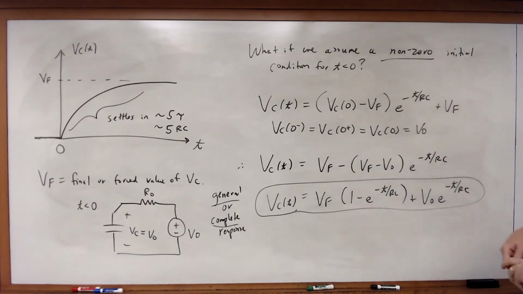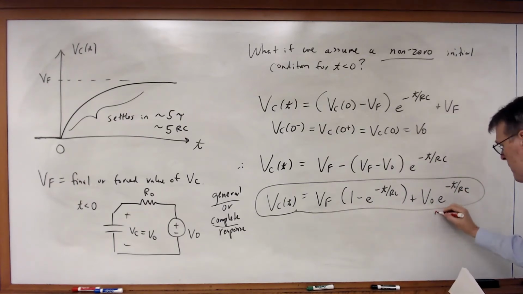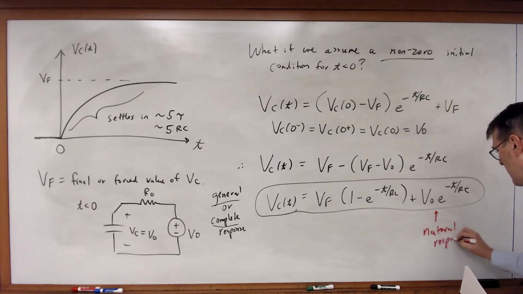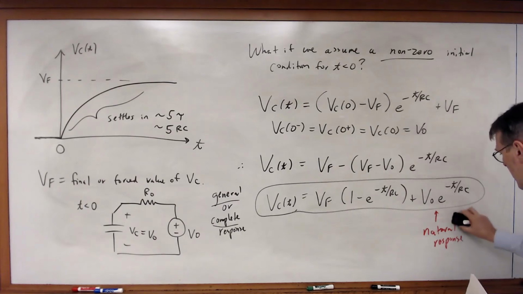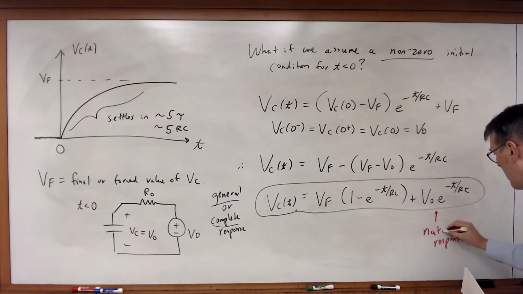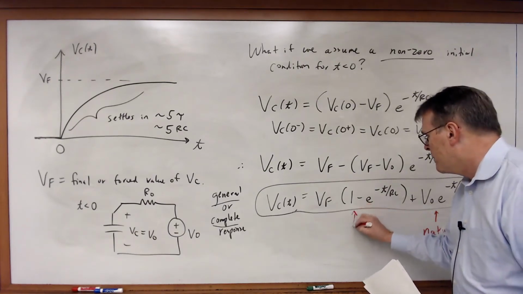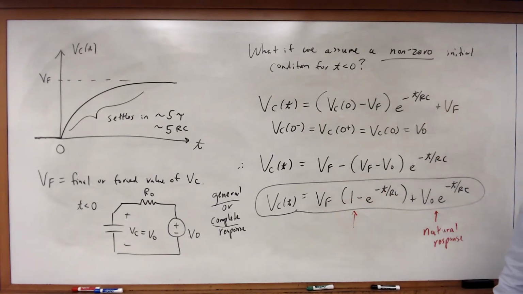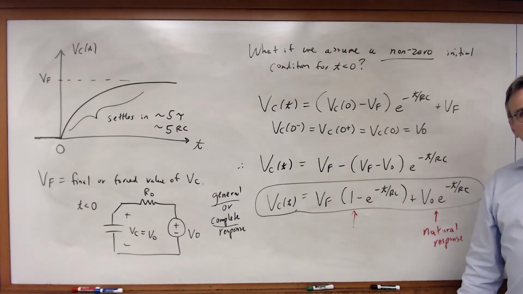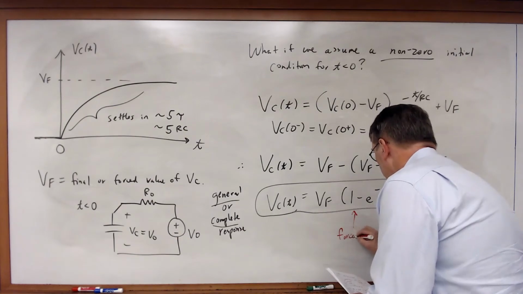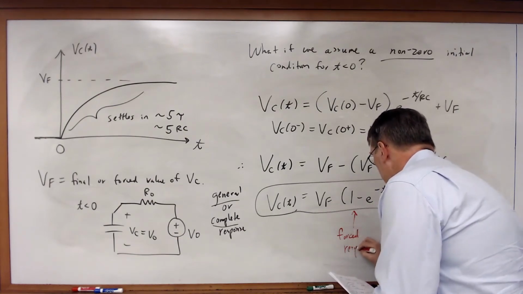V0 e to the minus t over Rc, we know what this is. That is the natural response. What do we have here? This is the forced response, which we just derived a minute ago.